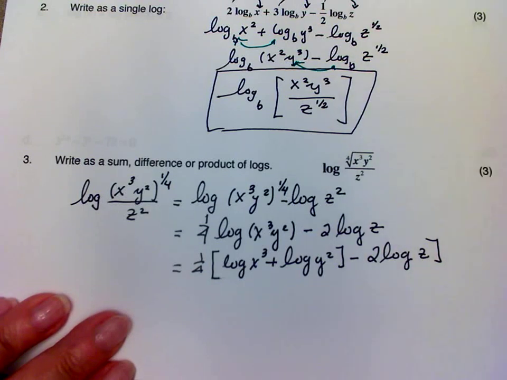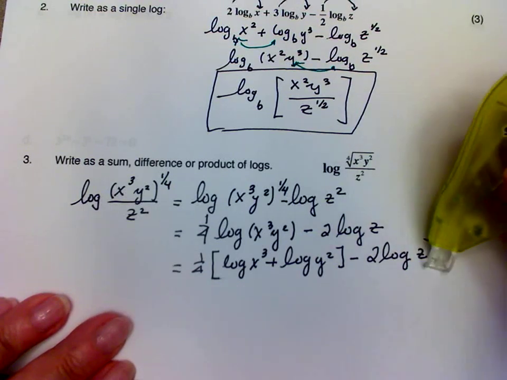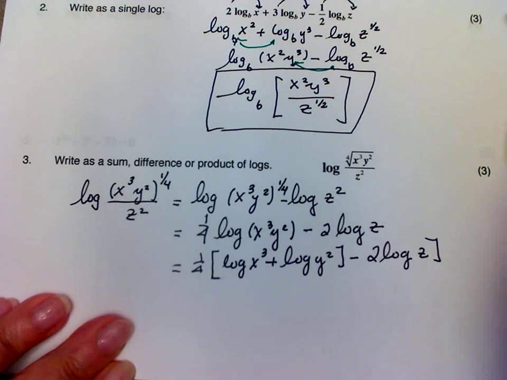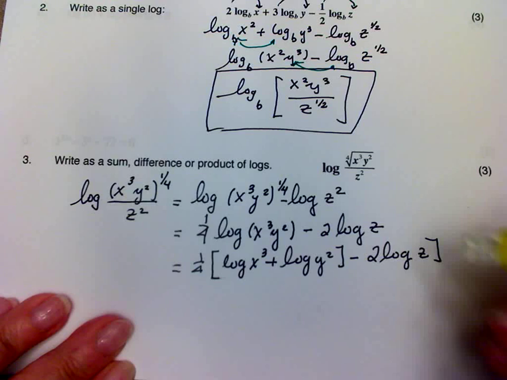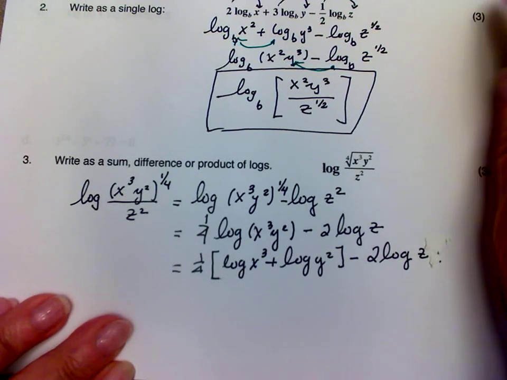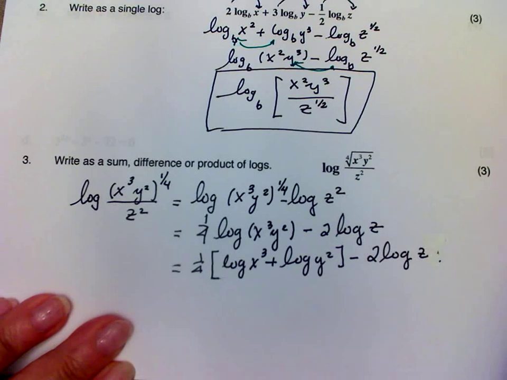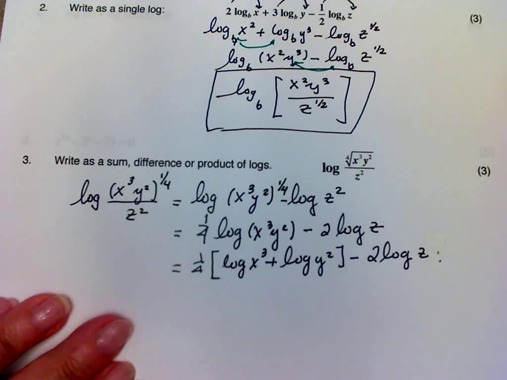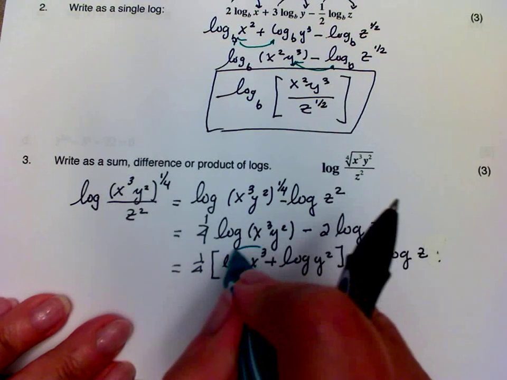And I don't need this bracket here. I can't do 2 things at once. And now these exponents need to be brought down in front.